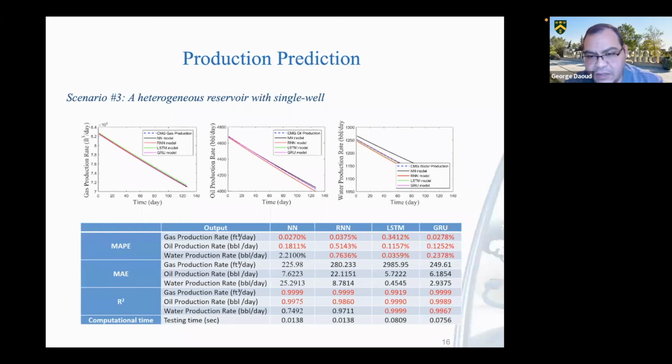Also, the values of LSTM and GRU are the best, and GRU has the least computational time, then LSTM. So in real data, we propose using LSTM or GRU according to the computational time constraint needed.